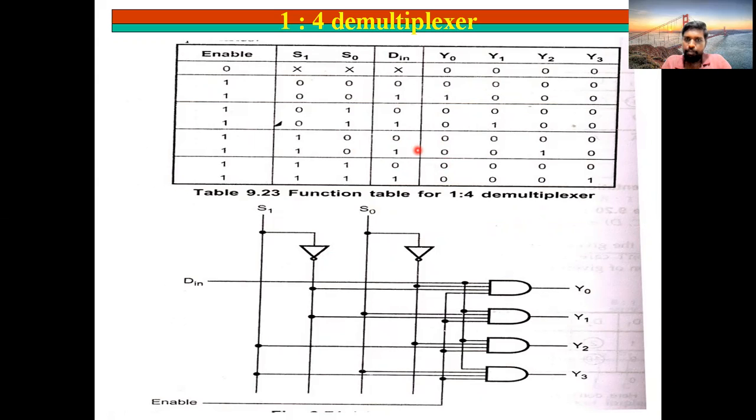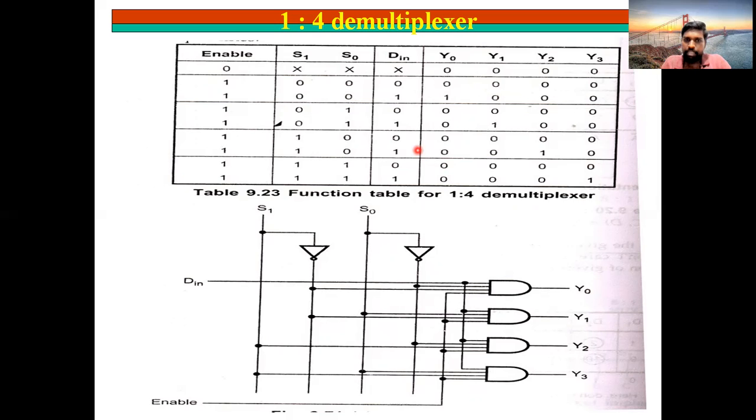But whether in multiplexer or demultiplexer, the important point is the n selector inputs. Those inputs will decide how the circuit functions. In multiplexer, that n value will decide which input is to be taken to the output.